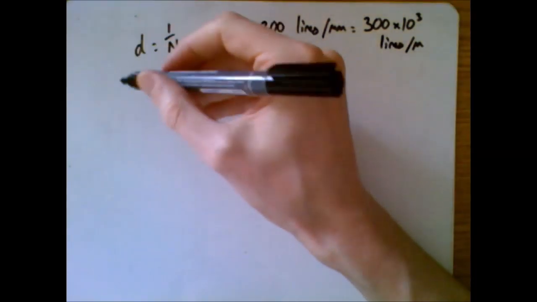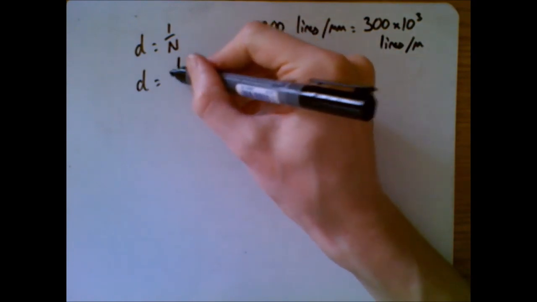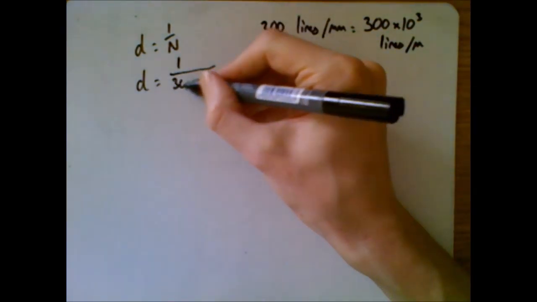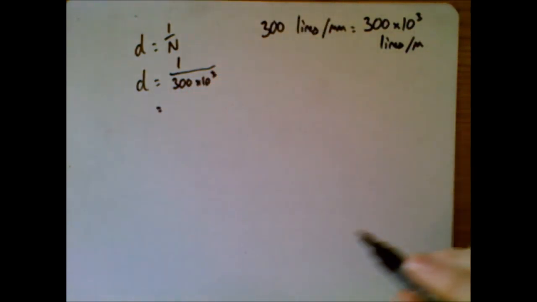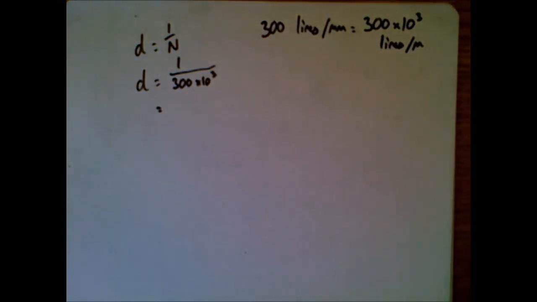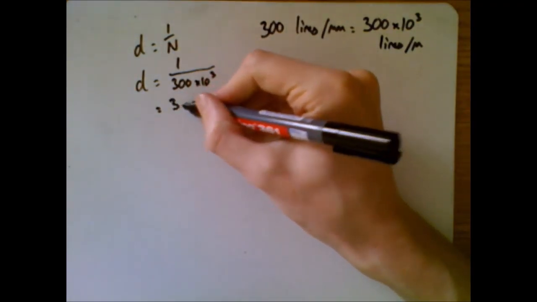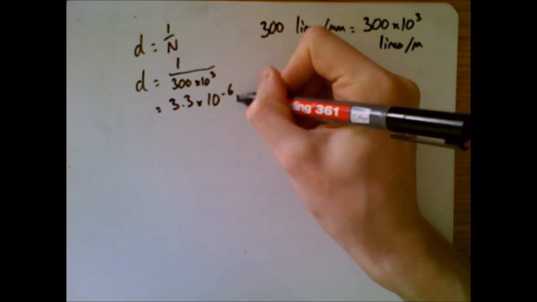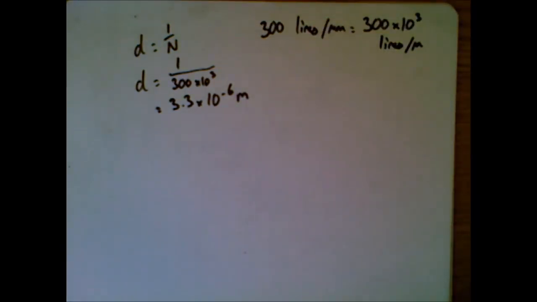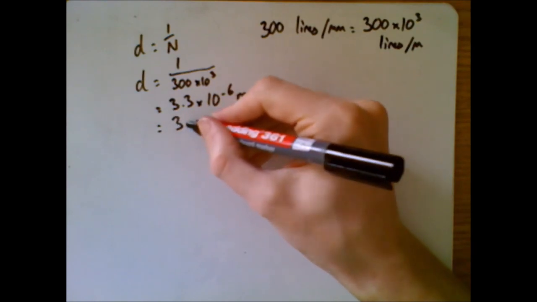So our distance between slits is 1 over 300 times 10 to the power of 3. So you do have to be careful there, and you will get a really, really small number. In fact, in this case, that gives you an answer of 3.3 times 10 to the minus 6 metres, or 3.3 micrometres.